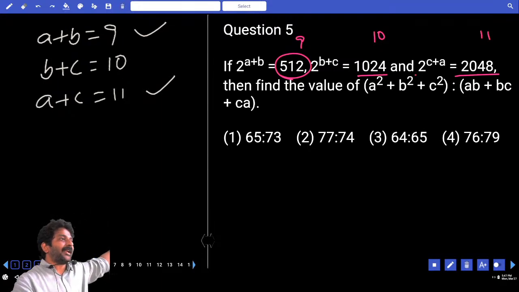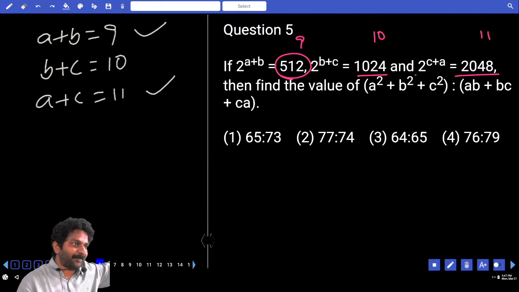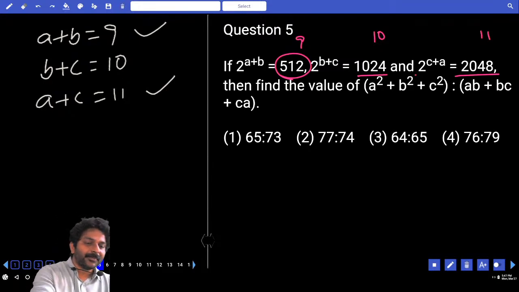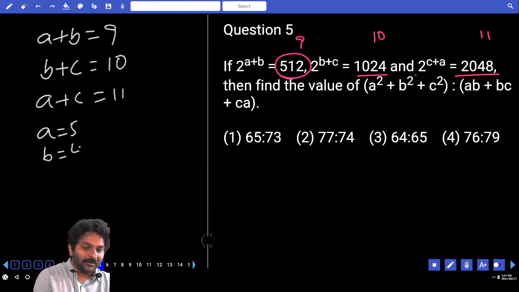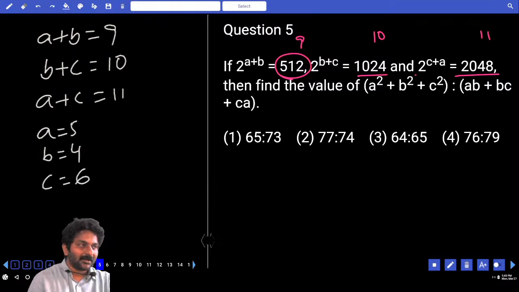When you add both left hand sides, you get 2a plus b plus c. From that, if you subtract the second equation b plus c, you are left with 2a. 9 plus 11 on the right hand side, apply the same operation: 9 plus 11 is 20, minus 10 is 10. 2a is equal to 10. Then a is equal to 5, then b is equal to 4, then c is equal to 6. Done.